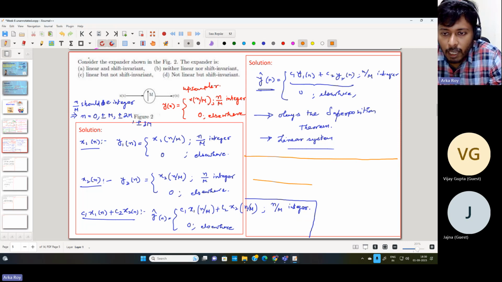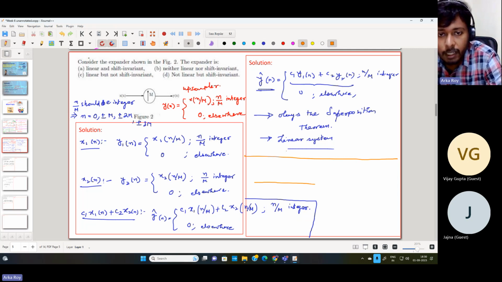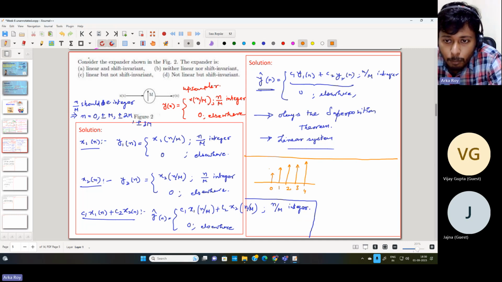Let us consider we have an input signal x of n, which has this particular shape: at 0, 1, 2, 3, 4, and the amplitudes are 1, 2, 3, 4, and 5.